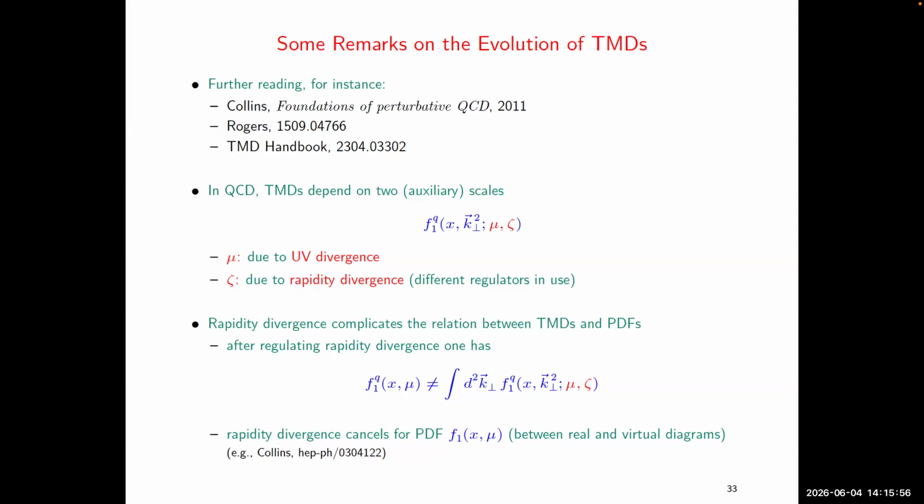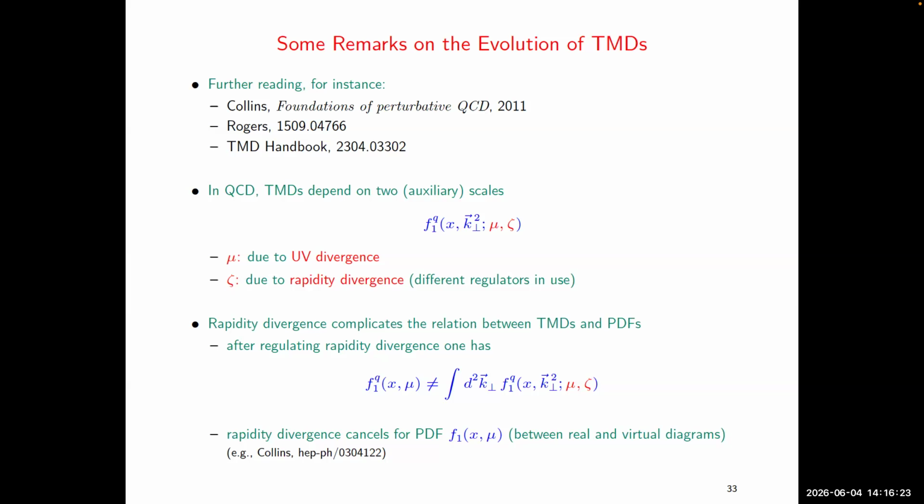When you calculate the PDFs, you will see that individual diagrams show rapidity divergences. However, at the end of the day, you have to sum over all the diagrams. And in the case of PDFs, these rapidity divergences cancel between real and virtual diagrams, while in the case of TMDs, they don't. That's a qualitative difference.